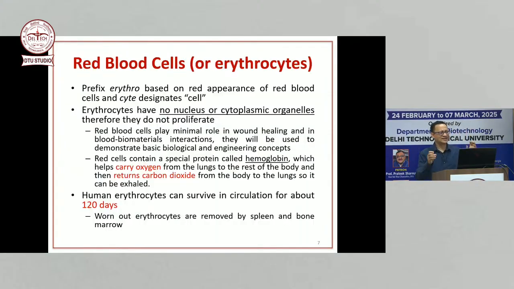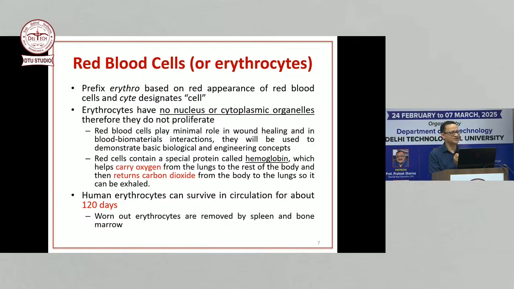Now, blood has red blood cells, white blood cells, platelets. For clotting purposes, platelets are very important. But let's talk a little bit about red blood cells also. Red blood cells are also called erythrocytes. Erythro means red appearance and cytes are cells, so red cells.